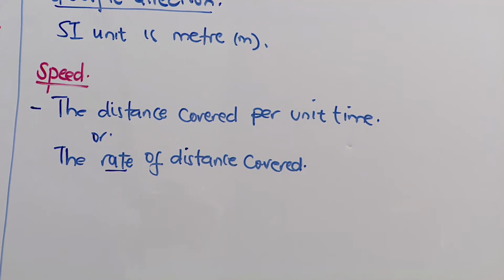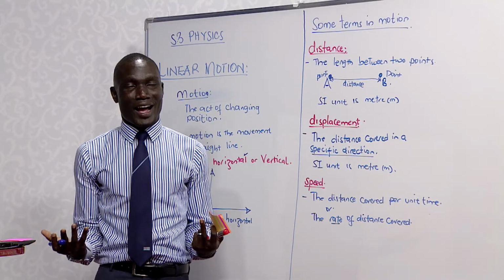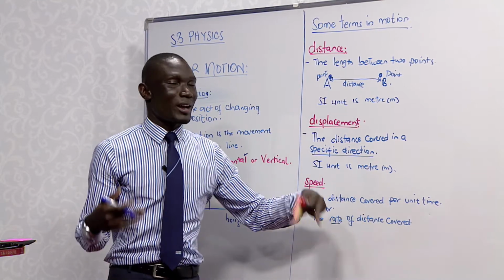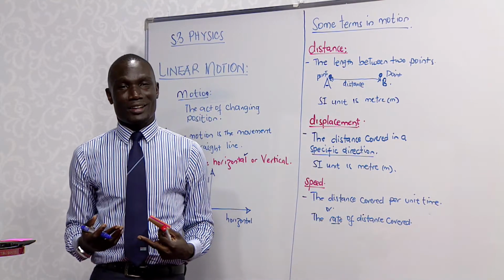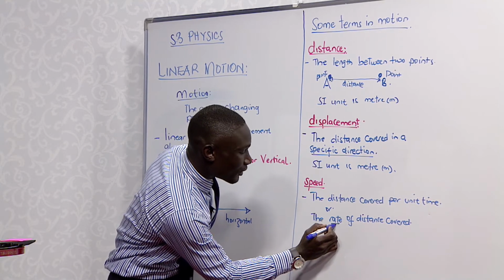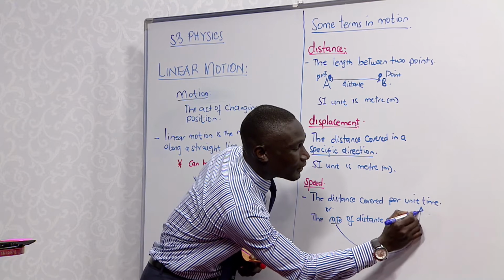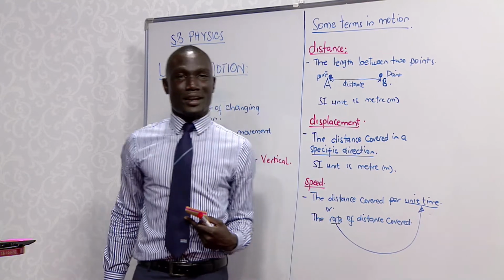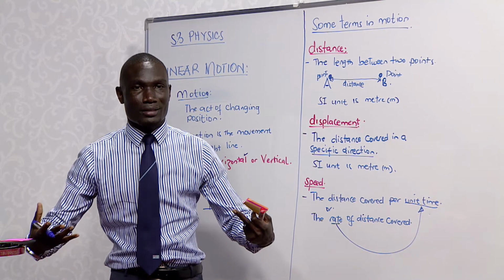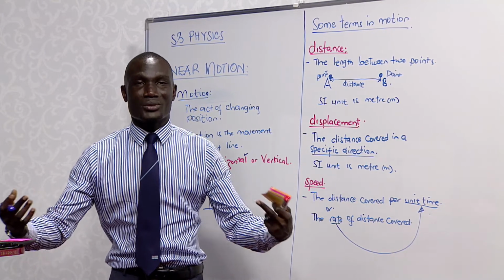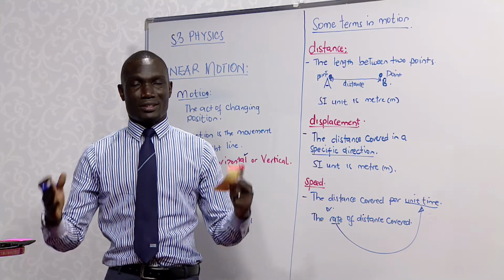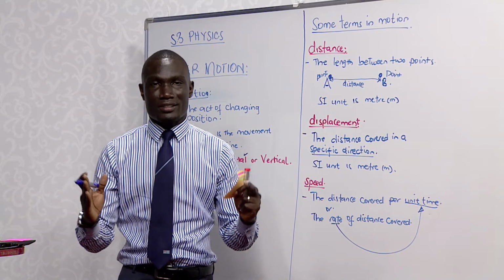The mistake I see with students sometimes is saying the rate of distance covered per unit time. That is wrong. The moment you have mentioned rate, this rate already implies the unit time. So you don't say the rate of distance covered per unit time. You will be doing a repetition. So it is the rate of distance covered.